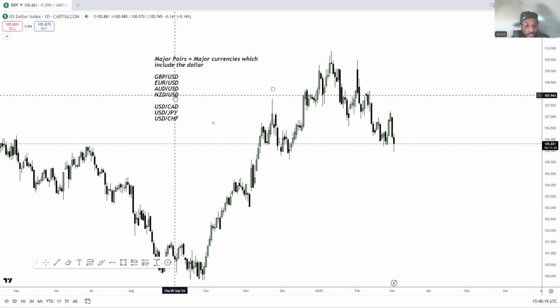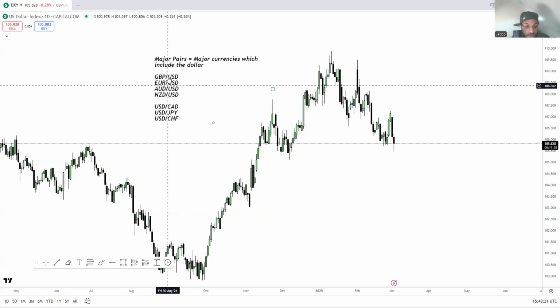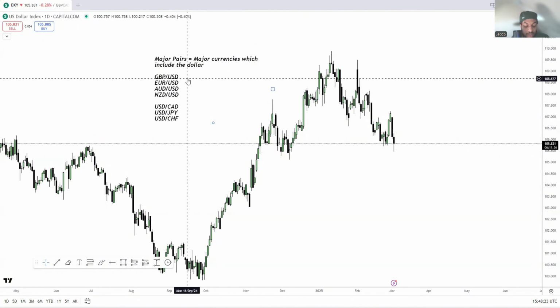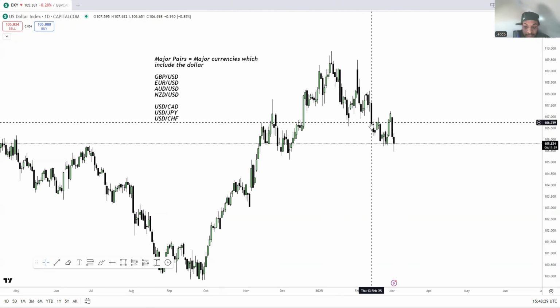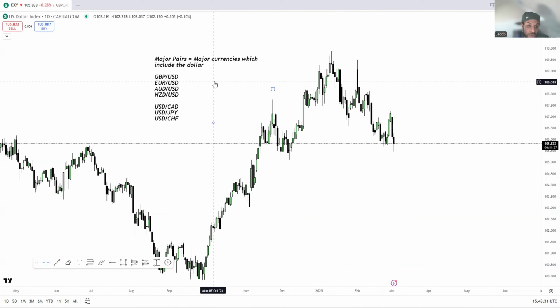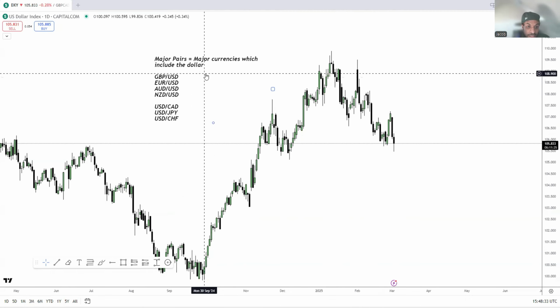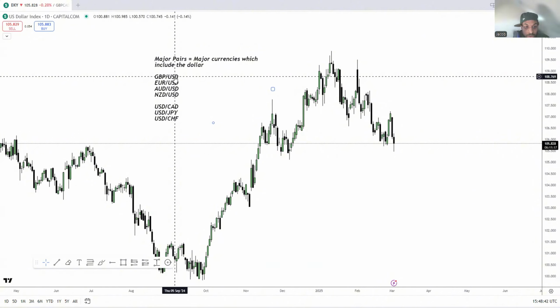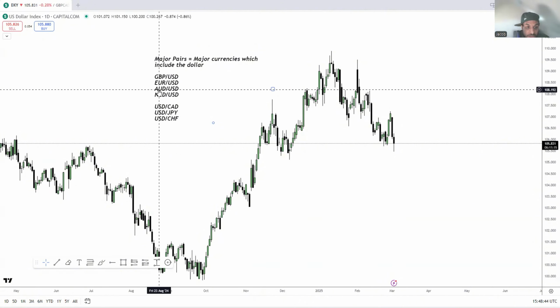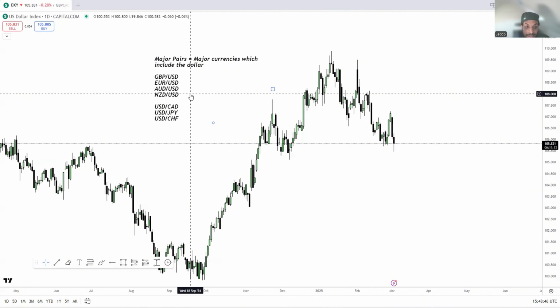When you have the dollar on the back end and you're looking at the dollar chart itself, the DXY, say you have a buying bias and want to buy GBP USD. You're looking for the dollar to become weaker, so you basically want the pound to get stronger against the dollar. Same with Euro USD, Aussie USD and NZD USD.